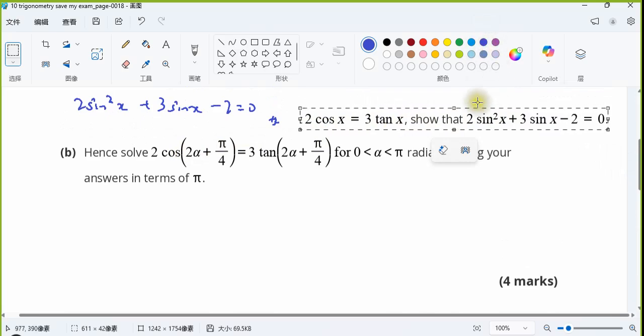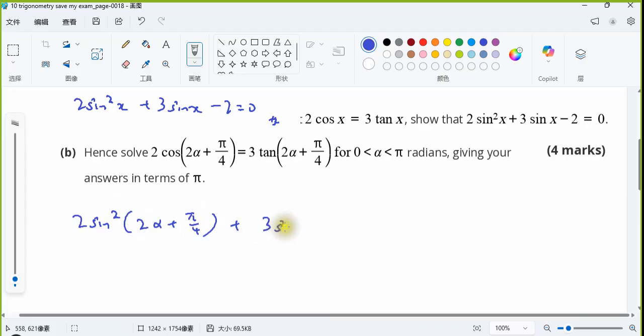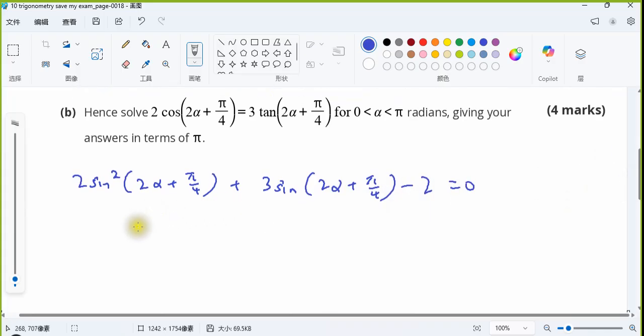Then it will become 2 sine square of 2 alpha plus pi over 4, plus 3 sine of 2 alpha plus pi over 4, minus 2 equal to 0. Okay, then we do the factorization. We have the sine and the sine.